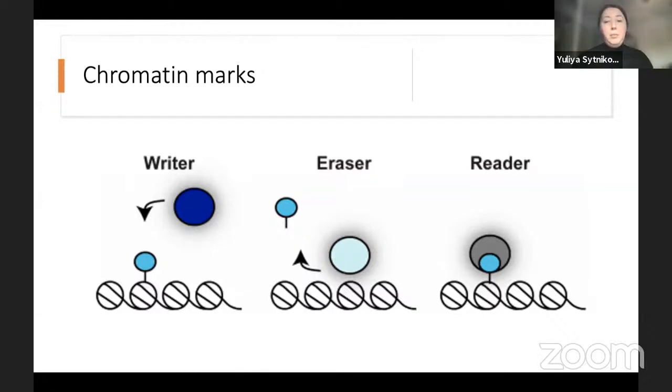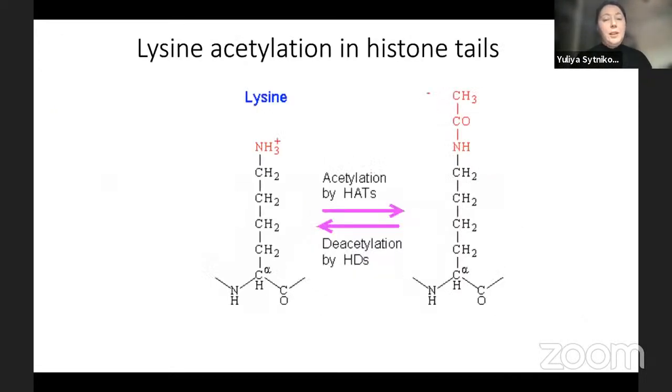More or less for each histone mark, there are also their own readers, writers and erasers, like for very well characterized lysine acetylation in histones, there are enzymes called histone acetylases, which introduce acetylation, and histone deacetylases, which remove acetylation.